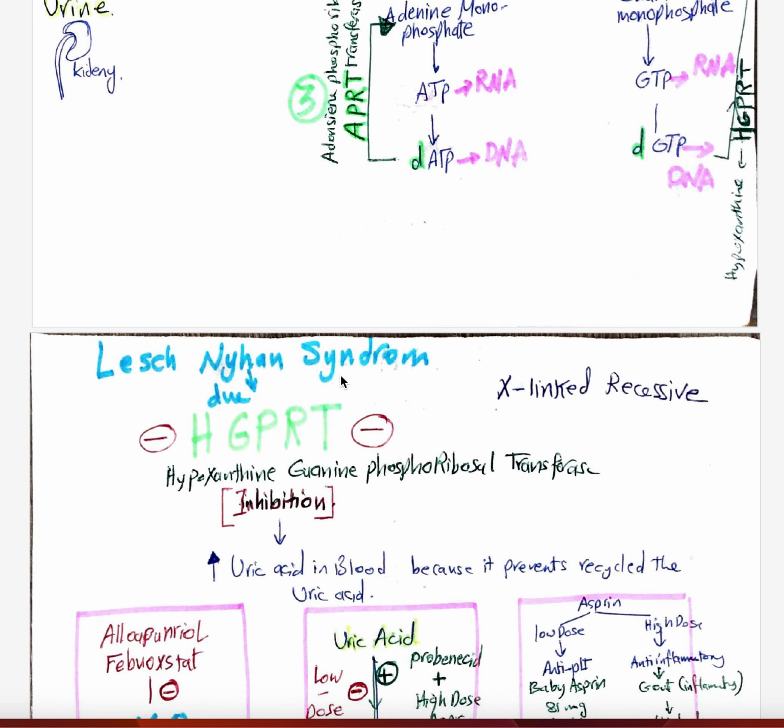But we have a disease called Lesch-Nyhan syndrome, and that is due to the deficiency or inhibition of hypoxanthine-guanine phosphoribosyltransferase. We said that this enzyme prevents the formation of uric acid from the purine by turning hypoxanthine to inosine monophosphate, and guanine to guanosine monophosphate.